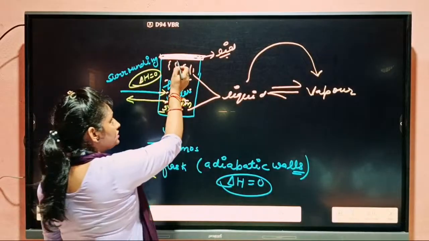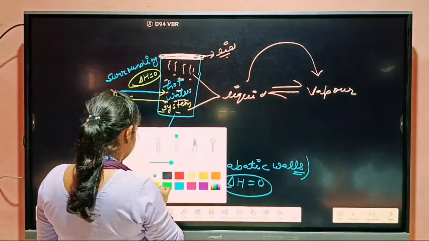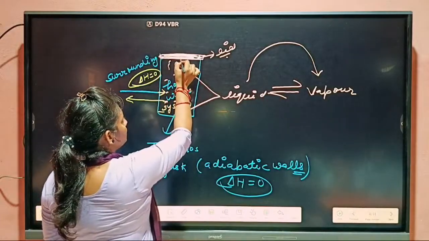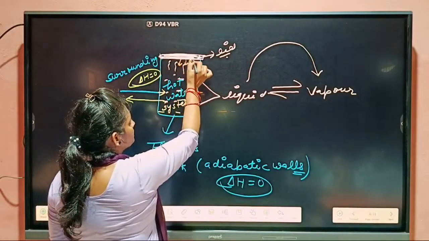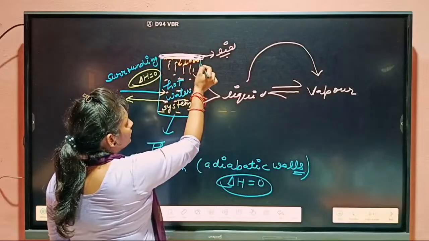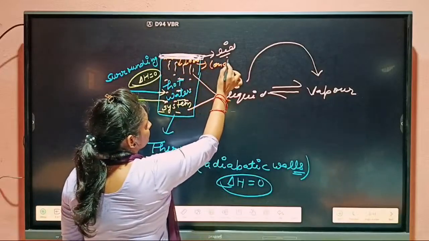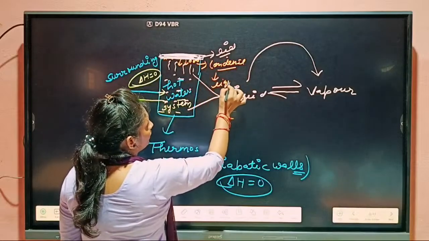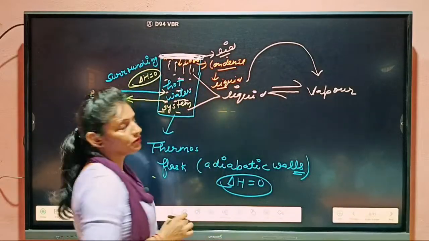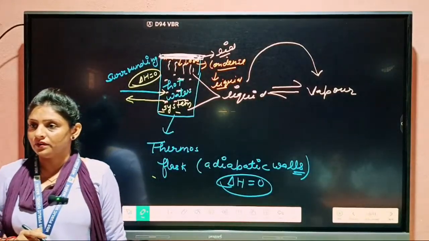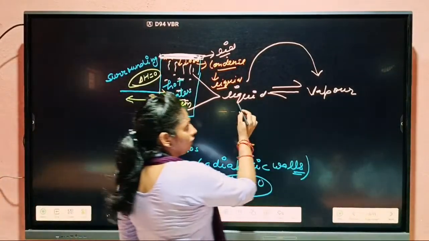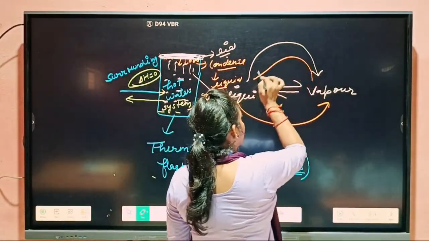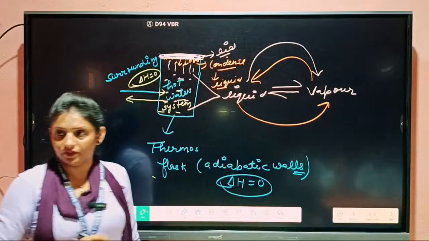It will apply pressure on these vapors, and these vapors further condense and convert into liquid. Means here both processes are going on. One, liquid is converting into vapors, as well as vapors are converting into liquid.